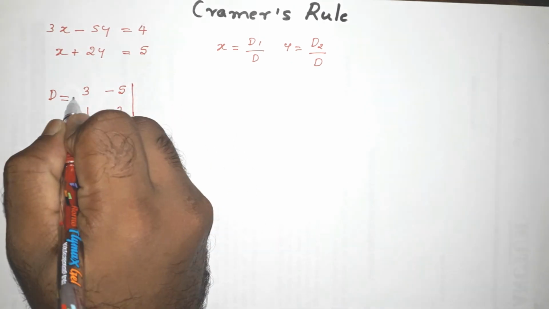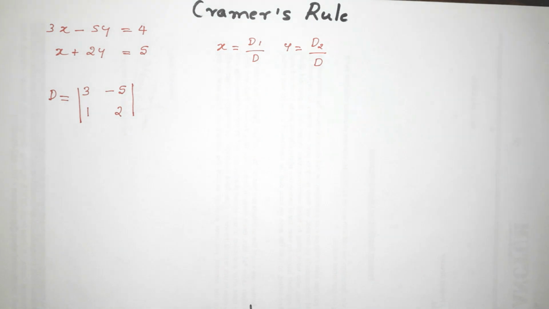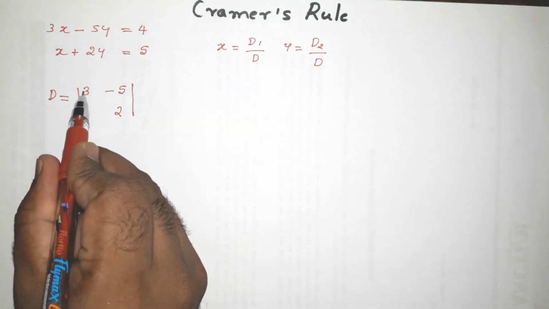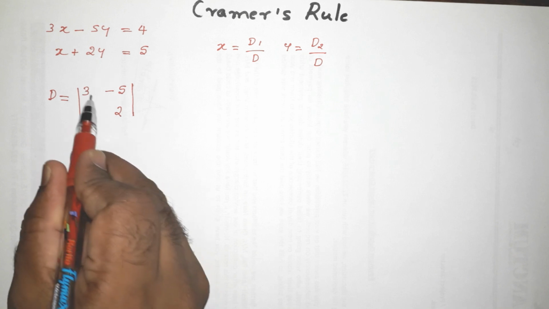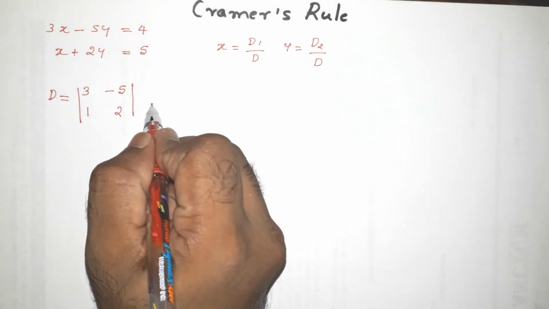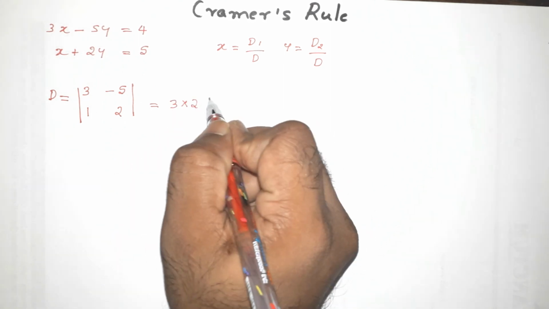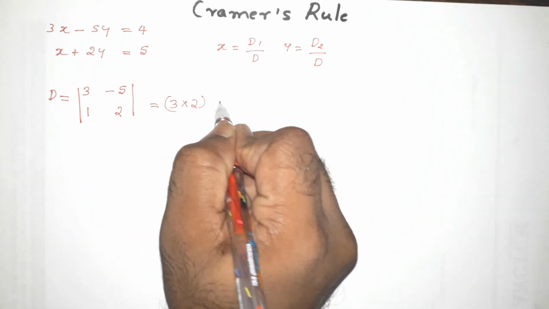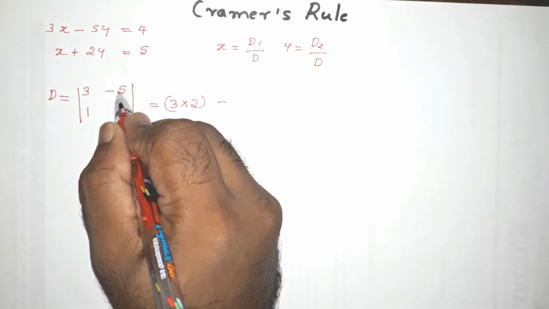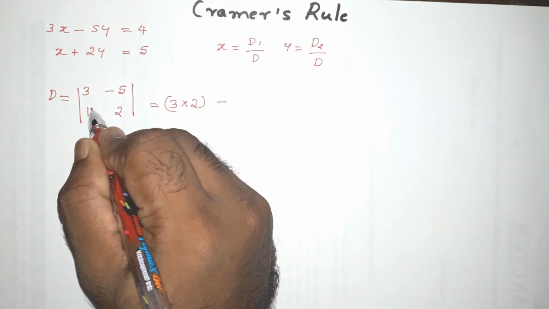So this is the determinant. Now I have to solve this determinant by cross multiplying. That is 3 into 2 minus, multiplying minus 5 into 1.